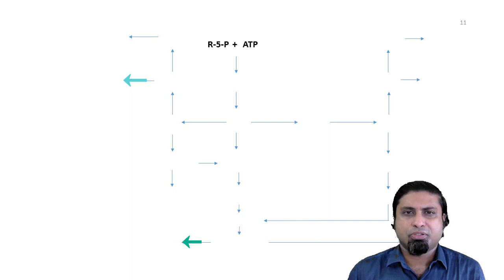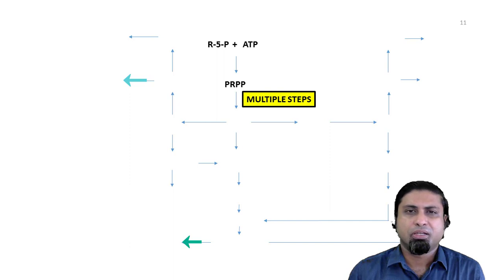These combine to give a compound known as phosphoribosyl pyrophosphate, and PRPP is going to undergo multiple steps, which we shall conveniently leave out in this particular discussion. When we have separate discussions on drugs such as methotrexate, we would have to go into these steps in far greater detail. But for now, let us skip these steps.